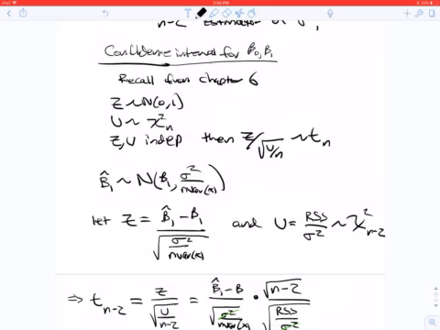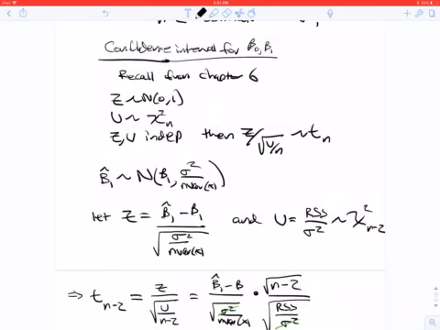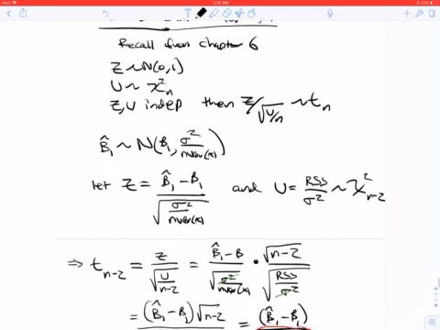So if you remember what a t-distribution is, T with n degrees of freedom is a ratio of a standard normal by the square root of a chi-squared with n degrees of freedom over n.